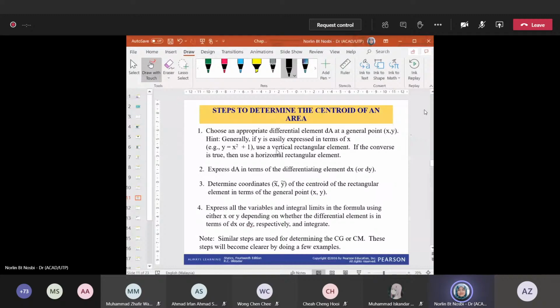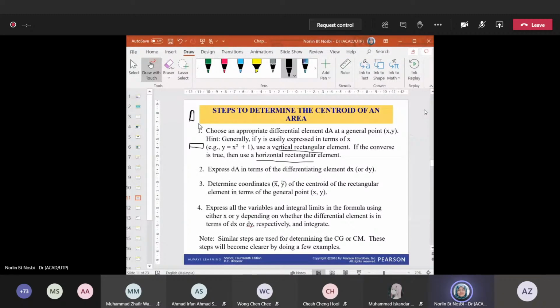If it is easy to find the center of area, you have to use a vertical rectangular. If it is difficult, or because it's a combination shape that is not uniform, you have to use a horizontal rectangular. This one for easy, and if it's a complicated shape, you have to use horizontal.